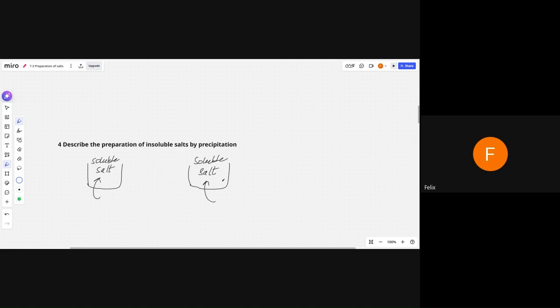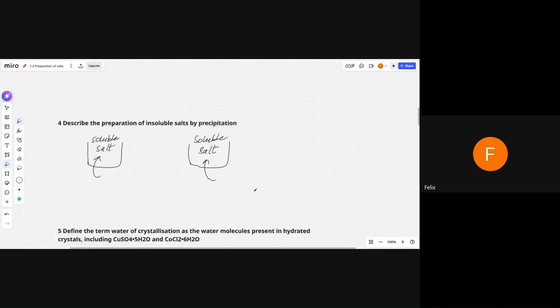A precipitation reaction will occur. Let me give you an example of a precipitation reaction, so that you can understand how two soluble salts get mixed together and create an insoluble salt.